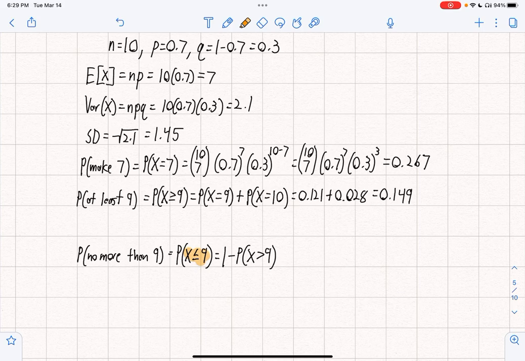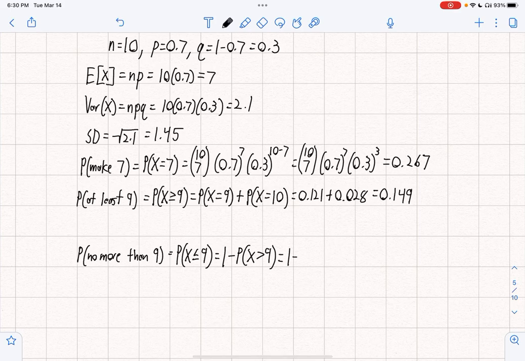So instead, I'm going to flip it around and say, okay, well, I could also do 1 minus the opposite of that, which is 1 minus x greater than 9. Right? I'm taking the less than or equal to sign and making it a greater than sign. So I switch the direction from less than to greater than. And because this had an equal sign, this will not have an equal sign. Well, there's only one possibility that's greater than 9.